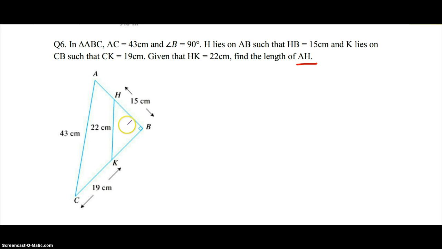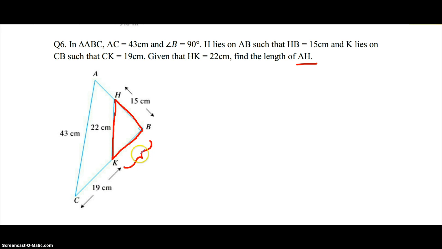Once again, when you're doing Pythagoras theorem, always spot all the right angle triangles that you can see within a figure. And for this, you will see two right angle triangles, HBK and ABC. Based on this smaller triangle, with 15 and 22, I can find this unknown KB here.